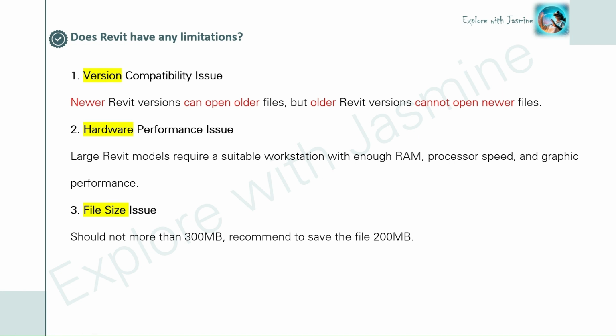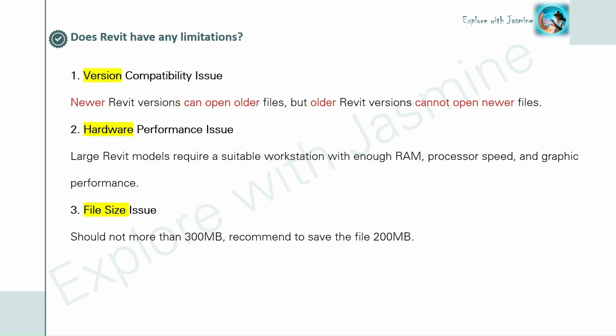Does Revit have any limitations? Revit is a powerful BIM software, but there are some limitations we need to understand before starting a project. First is the version compatibility issue. Newer versions of Revit, let's say 2025, can open older files such as 2024, 2023, 2022, and 2021.